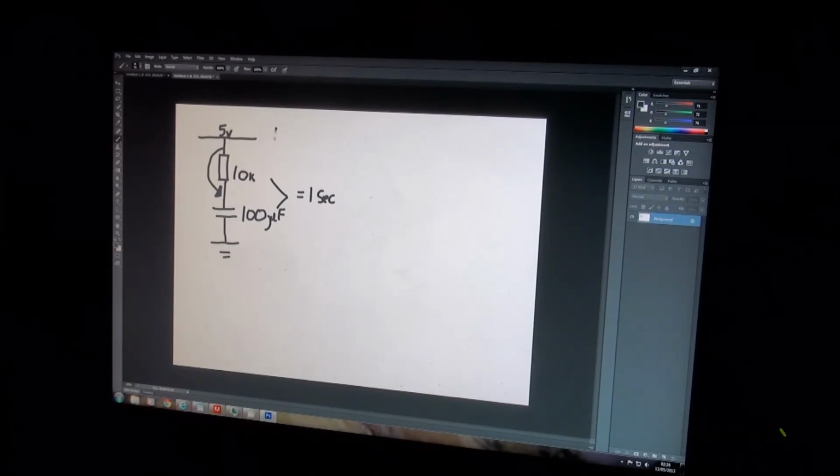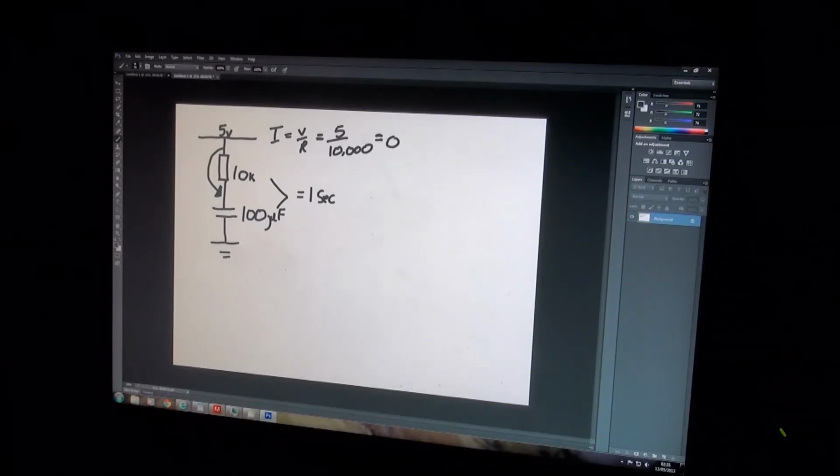Ohm's law tells us that the current in a circuit, I, is equal to V over R, which is the voltage, 5, divided by 10,000 in this case. Going onto the calculator, the maximum current in this circuit will be 5 microamps, like so.